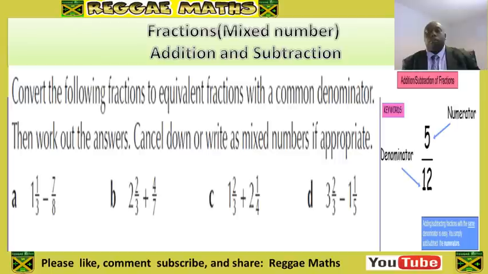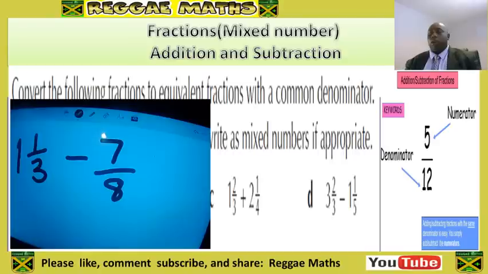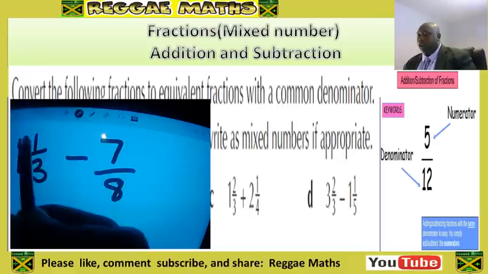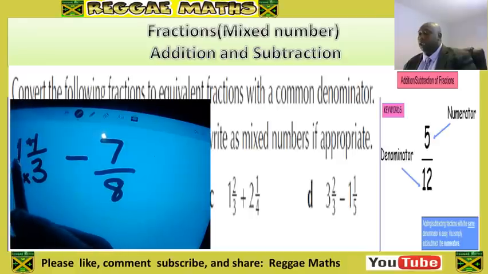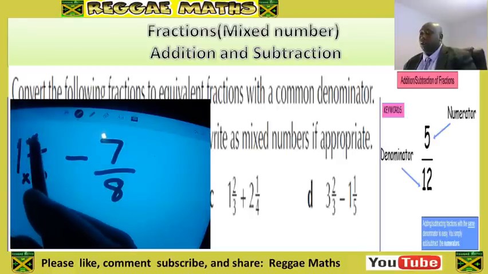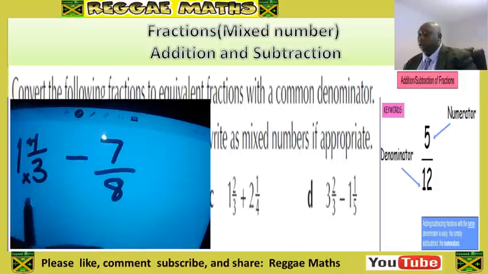So before we can add or take away, what we need to do is turn the mixed number into a top heavy fraction. So you've got a single fraction here. So what we're going to do is times bottom times side add top. So we've got 3 times 1 is 3 plus 1 is 4 over 3.